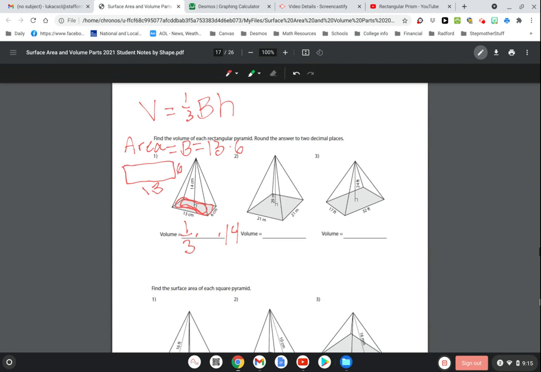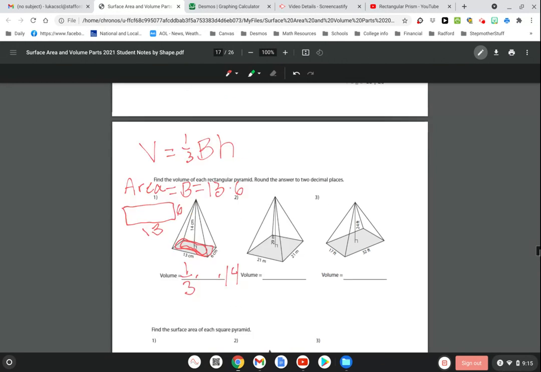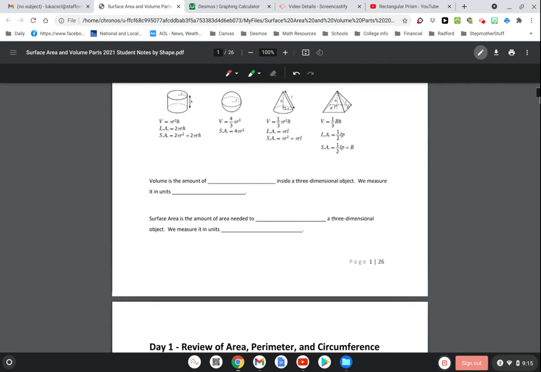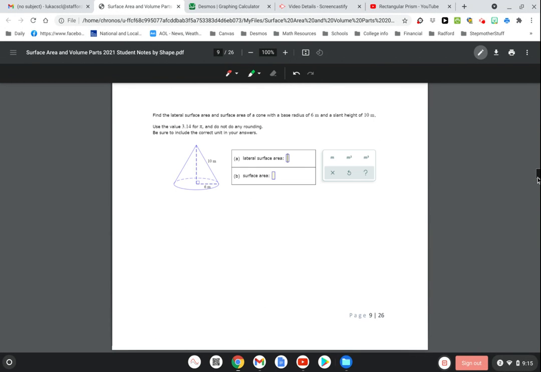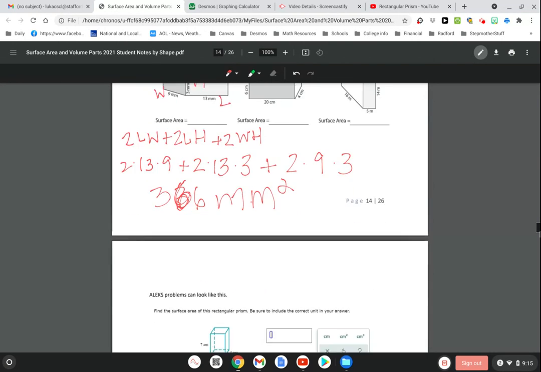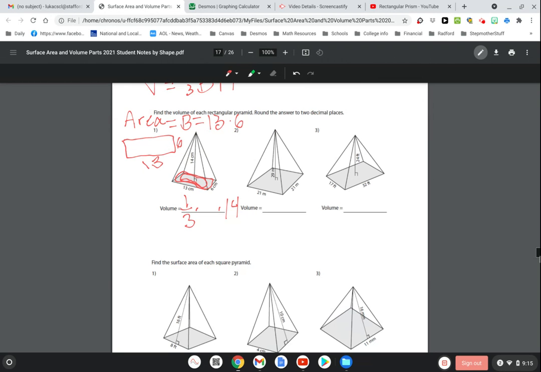Now, how do I know that? Remember, I just took you back to the very front page of the packet, and I showed you area is length times width. We have to be able to use that formula here. We will not be able to calculate the volume or the surface area without it.